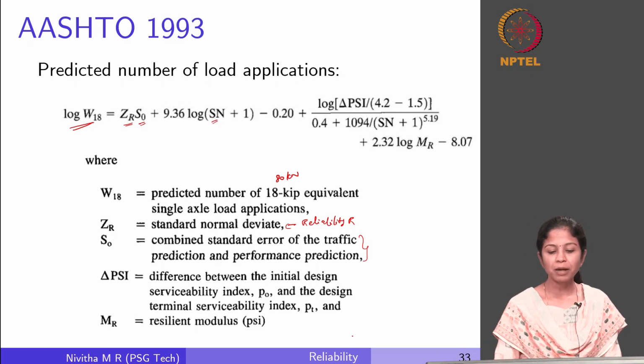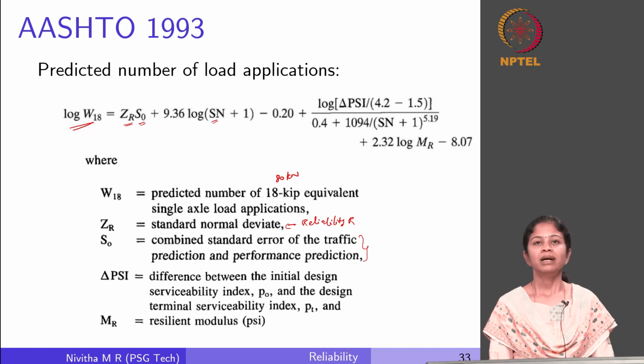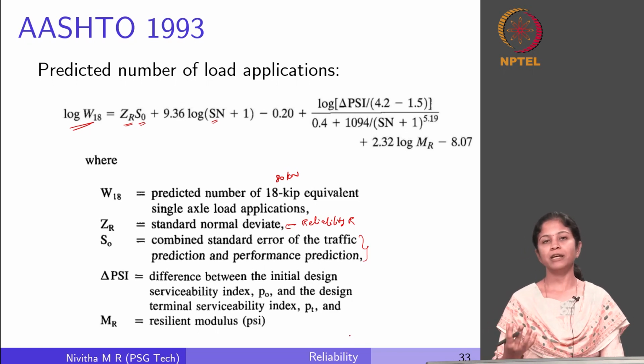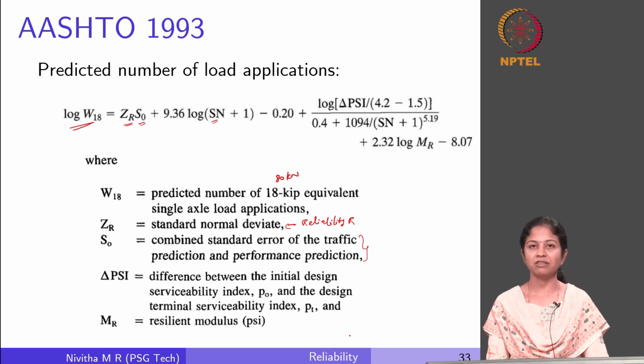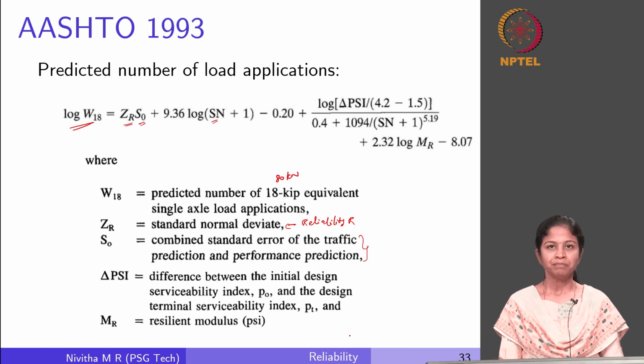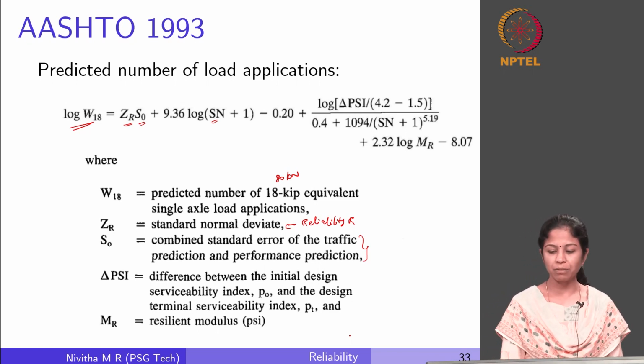Then the third parameter is structural number. This structural number gives the relative strength of a pavement. So, a pavement with a higher structural number is said to have a higher load carrying capacity, right. So, again we will see about this. Then we have a lot of constants.